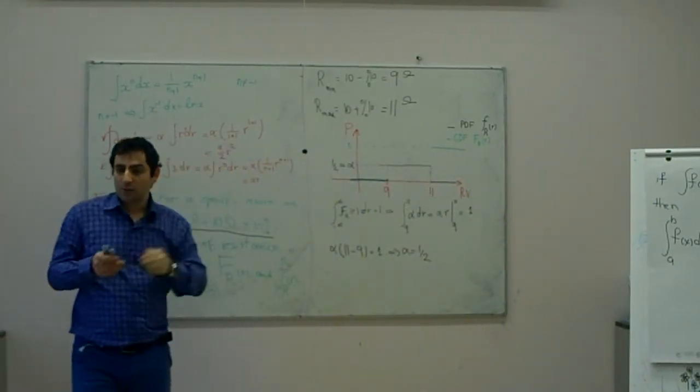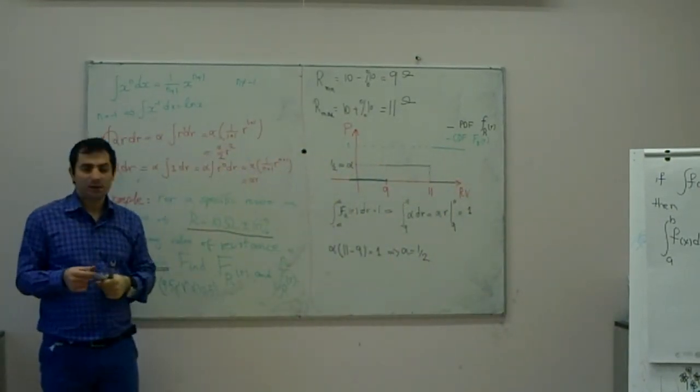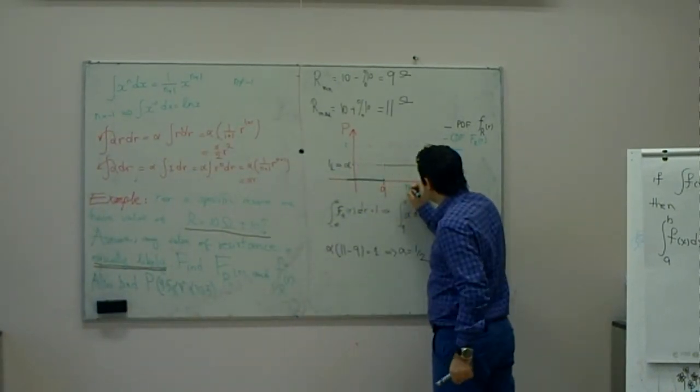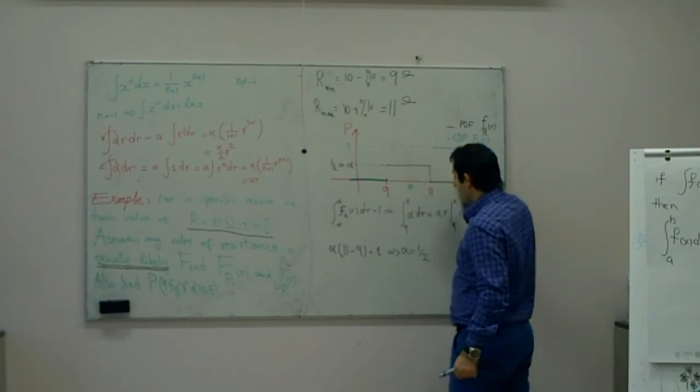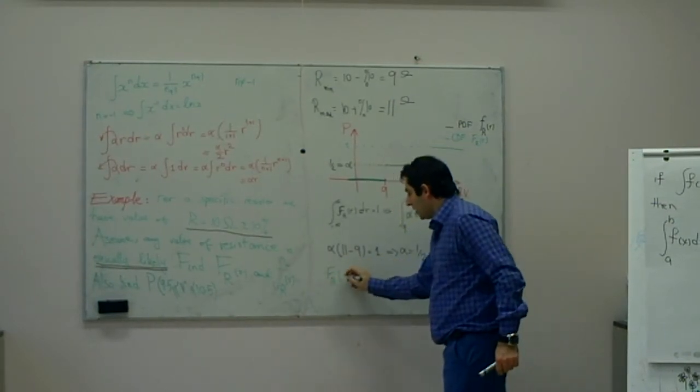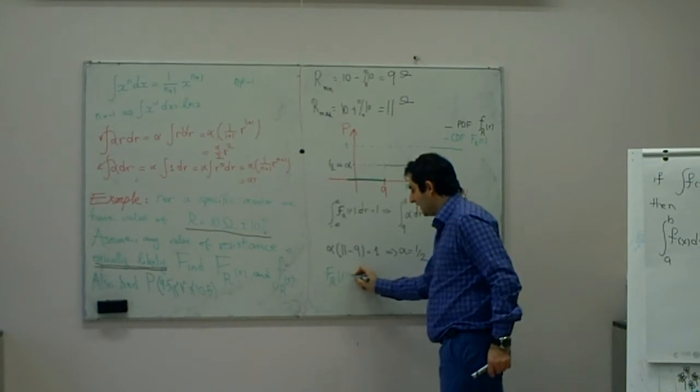The question is how to connect this one to this point, because we know CDF is continuous. What you can do is calculate a few values. For instance, what is the value of F r of r at 10?